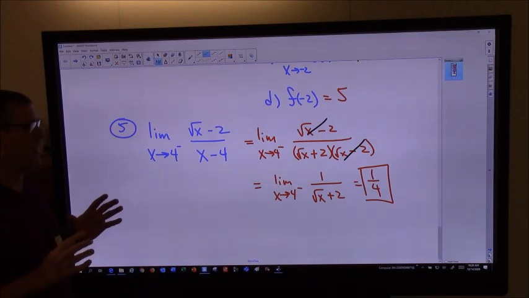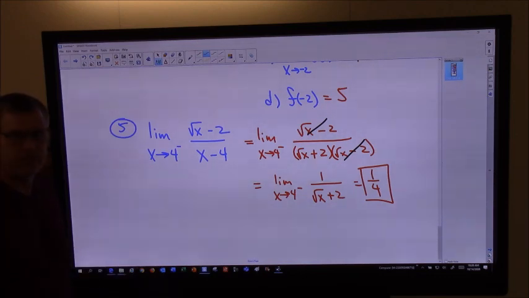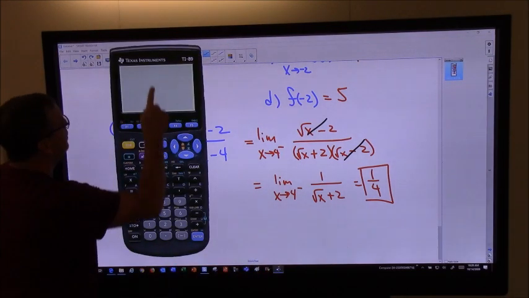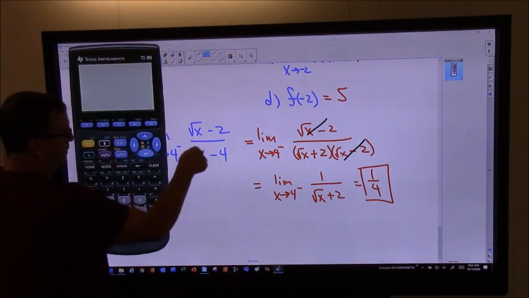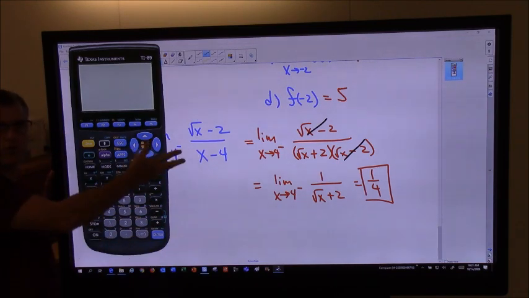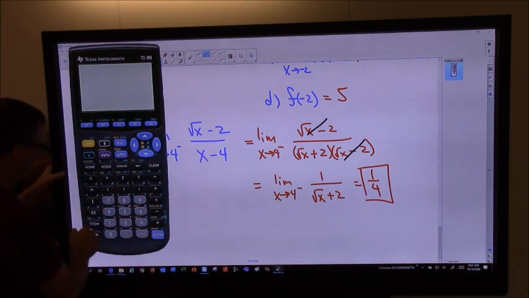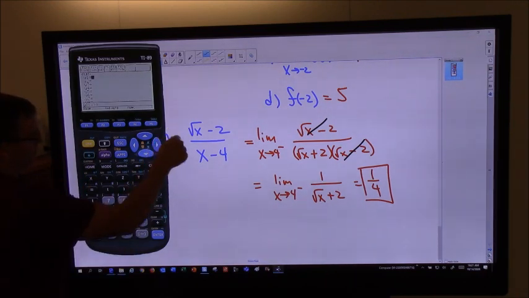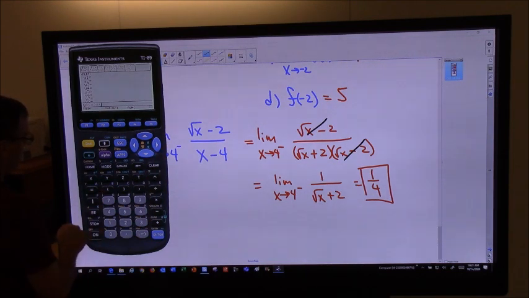Now if somebody's like, I think I did it right, not 100% sure, we could always go to our graphing calculator and graph this function and just do it graphically. Let's just see what happens. So let's see, f(1,8), we'll get rid of all this, and I'm going to put the numerator in parentheses.